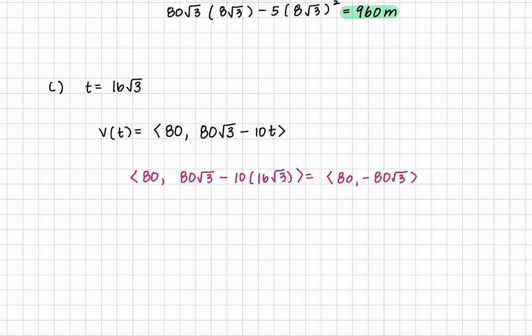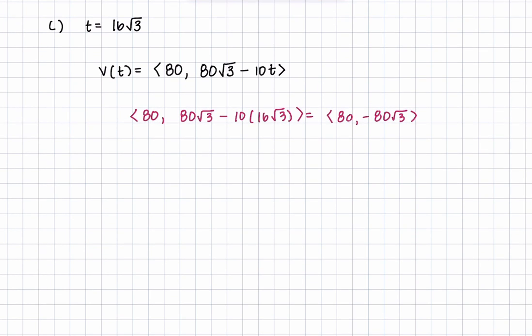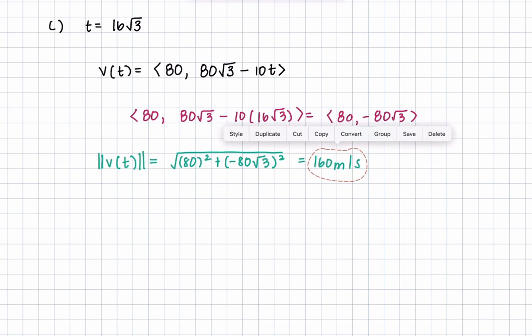Now we can move on and find the magnitude of this vector. So the magnitude of the velocity is going to be the square root of 80 squared plus negative 80 root 3 squared. And when I solve for this, I'm going to get 160 meters per second. And that is my answer for part C.